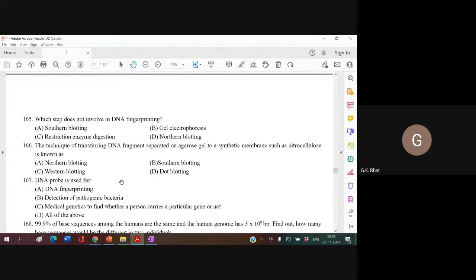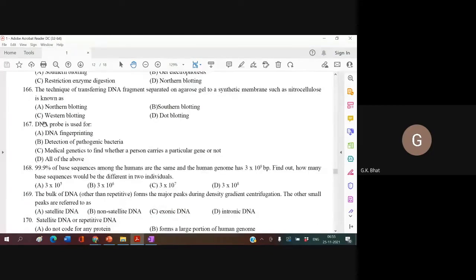It is related to RNA. Only that much. Don't get confused about it. There is not much about that. Next question. Here 166. C, B. Southern blotting. Next 167.